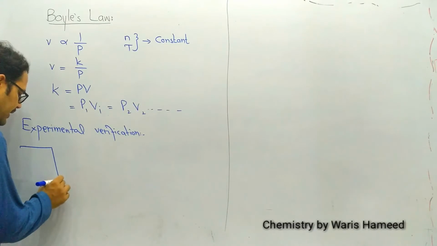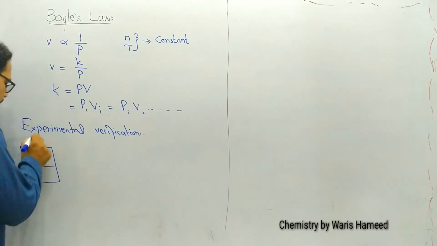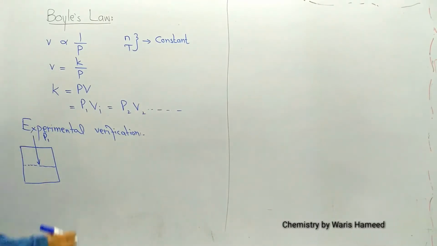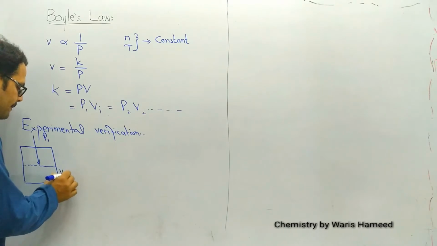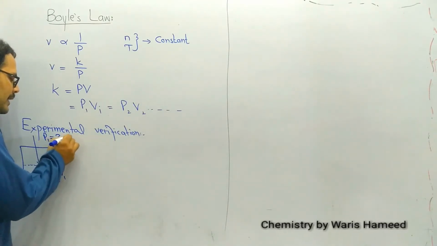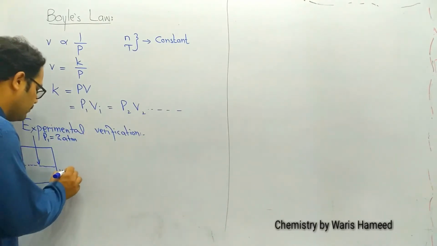Here is a cylinder having applied pressure P1, and its volume is V1. P1 has a value of 2 atm, and V1 has a value of 1 dm³.